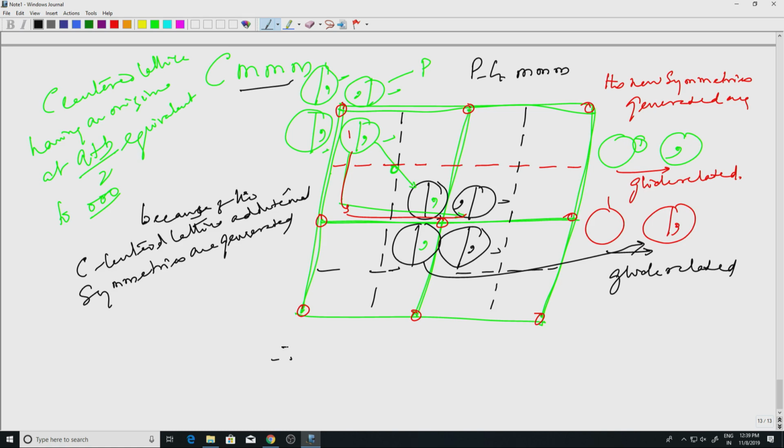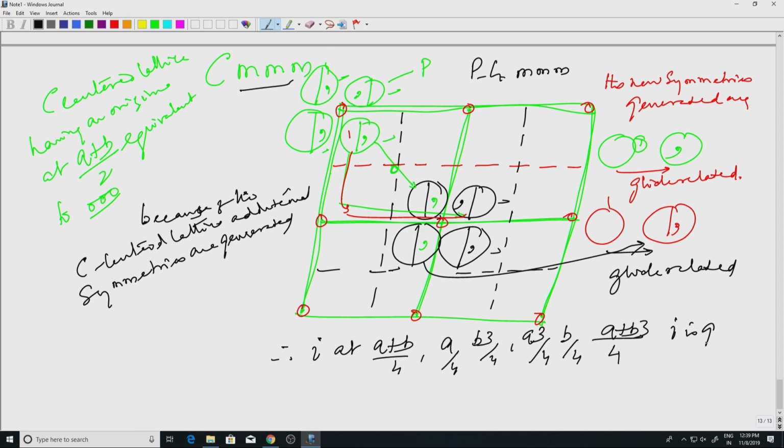So therefore I at a plus b by 4, a by 4, b 3 by 4, a 3 by 4, b by 4, a plus b 3 by 4, I is generated. P glide perpendicular to A at a by 4, 3a by 4 generated.